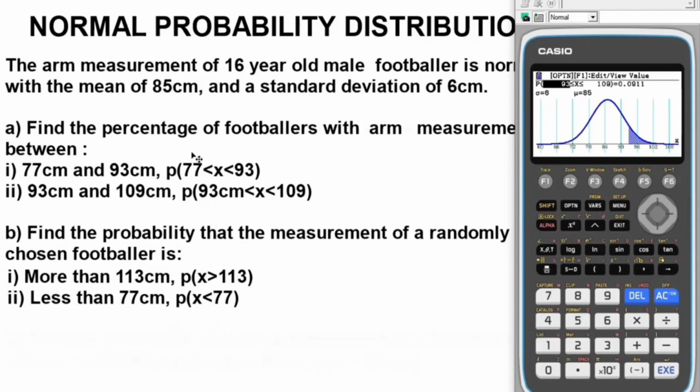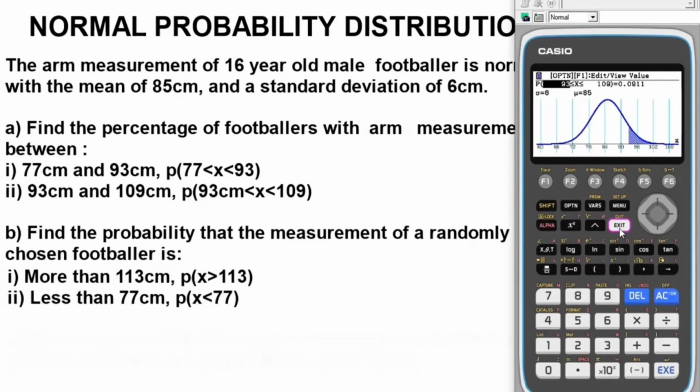Let's move forward to part B. It says find the probability that the measurement of a randomly chosen footballer is more than 113 cm. This is how it is represented in interval notation.